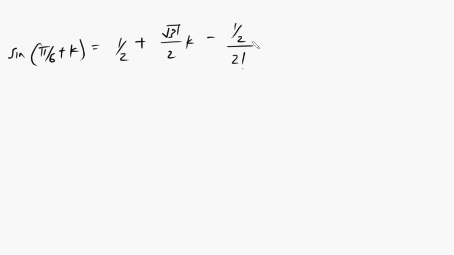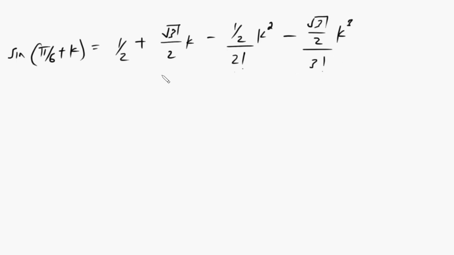So my sin of (pi over 6 plus k) is just going to be equal to 1 over 2 plus radical 3 over 2 times k, minus 1 over 2 factorial times k squared, plus negative radical 3 over 2 over 3 factorial times k cube.